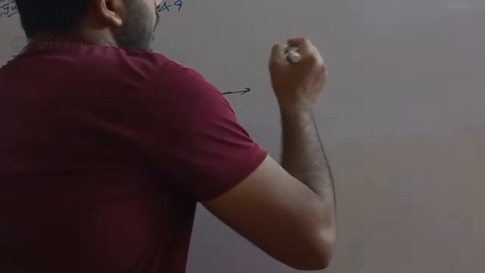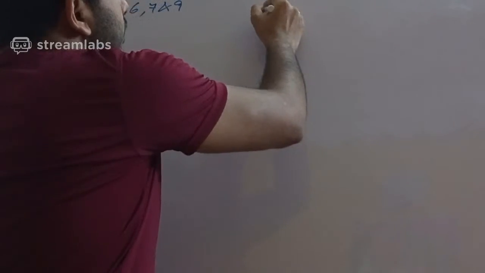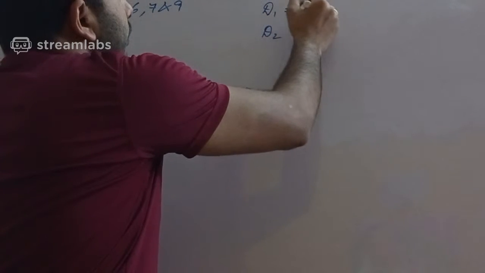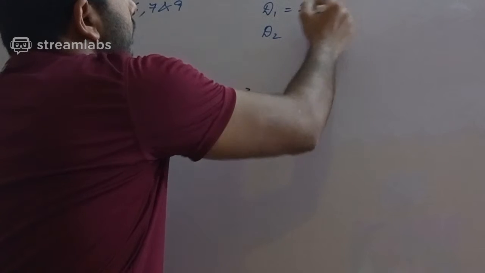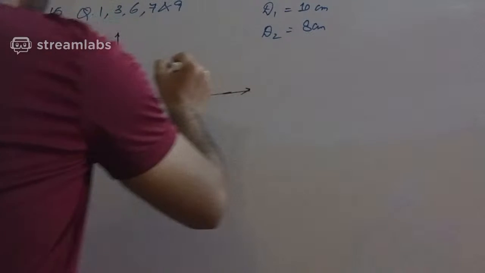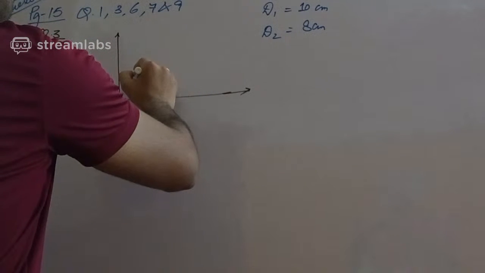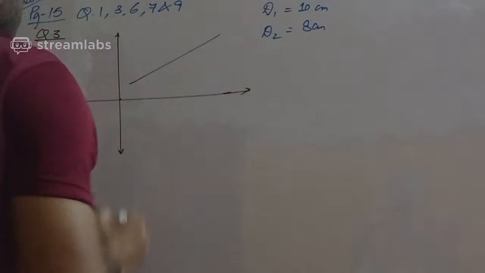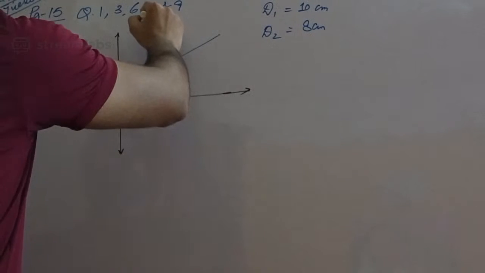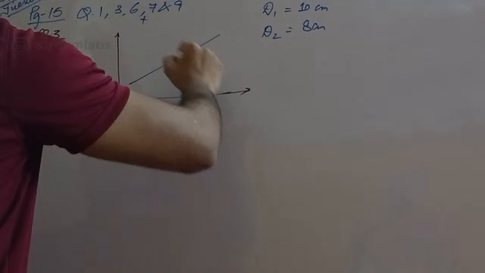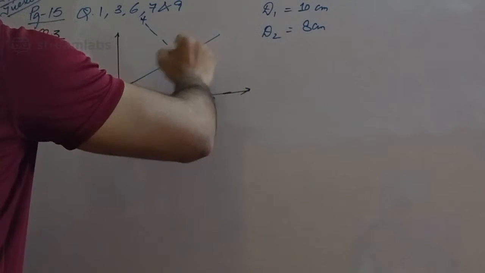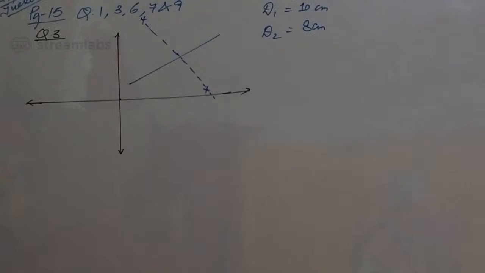So for example, if I know a diagonal, say D1 length, and D2 length. Say for example this is 10 centimeter and this is 8 centimeter. So I can make one line of 10 centimeter like this and then draw the perpendicular bisector of it, which will be a line like this, and hence not parallel to any of the rulings, I believe.